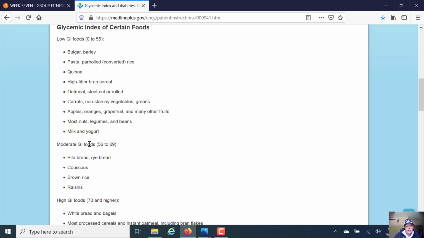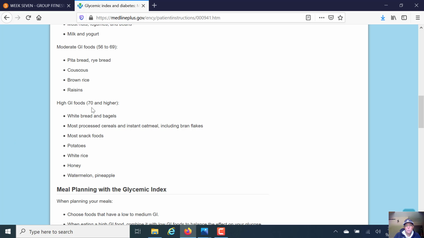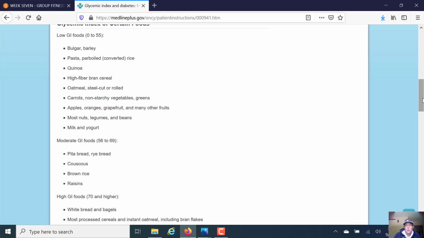Then you have your moderate glycemic index foods, which are 56 to 69. And then your high glycemic index foods, ranked 70 or higher up to 100, will quickly elevate your blood sugar levels. So again, choosing foods that are lower on the glycemic index is better for the glucose levels in our bloodstream.